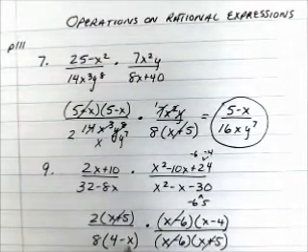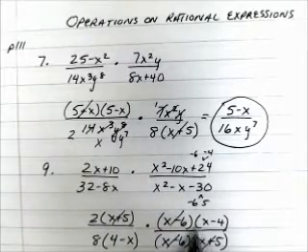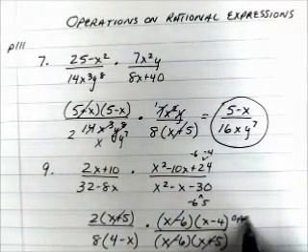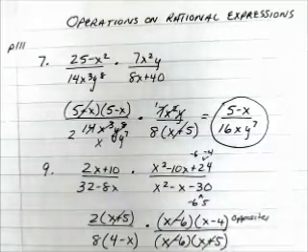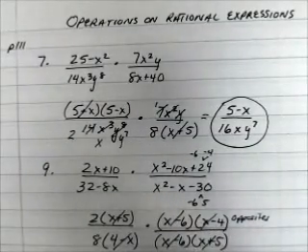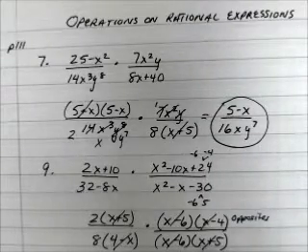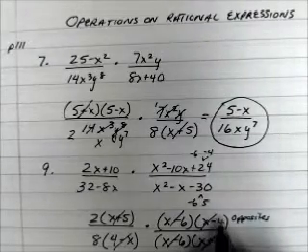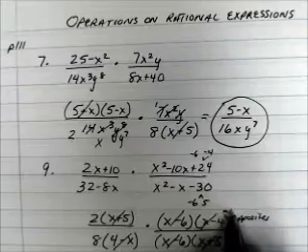The 4 minus x and the x minus 4, these are opposites. So we'll divide them out and replace either one of them with a negative 1. I'll put it up in the numerator here, negative 1.